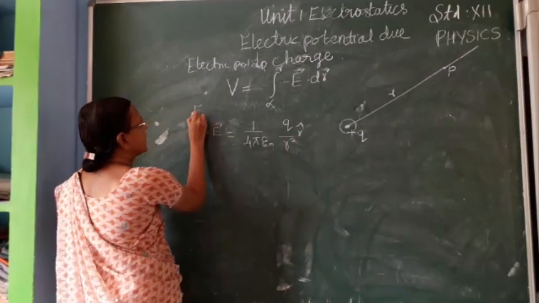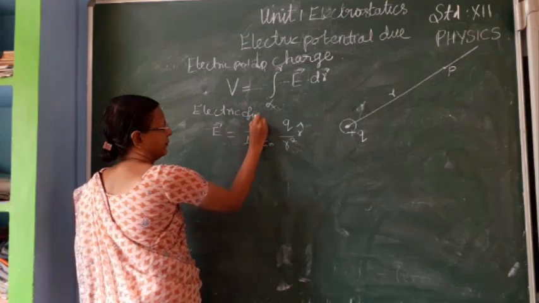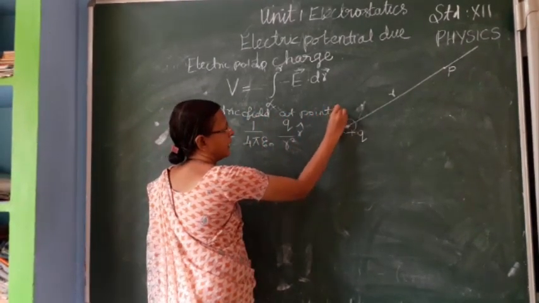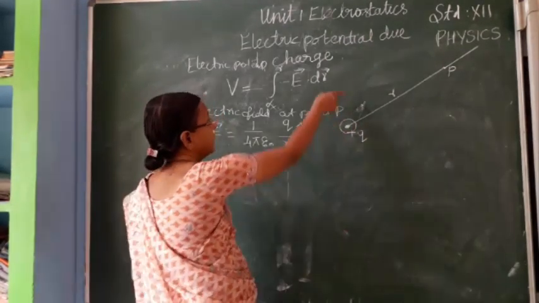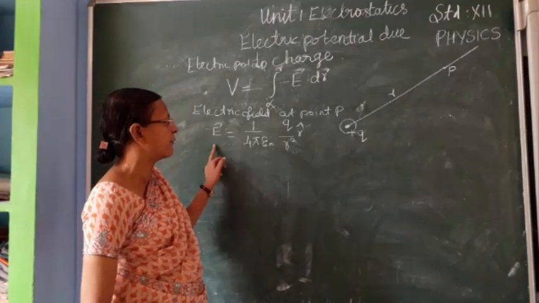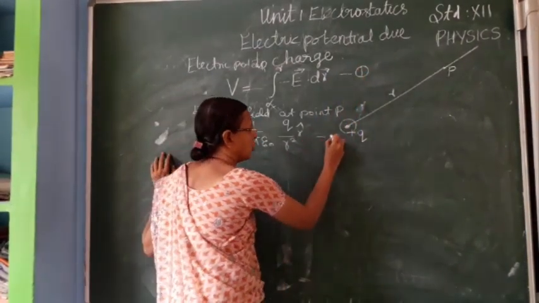This is the electric field at point P. This is equation number 1, and this is equation number 2.